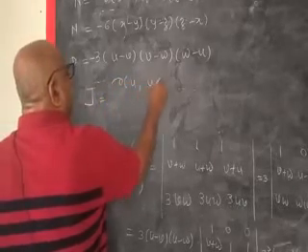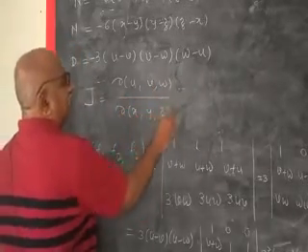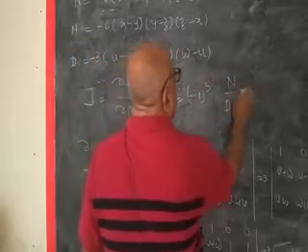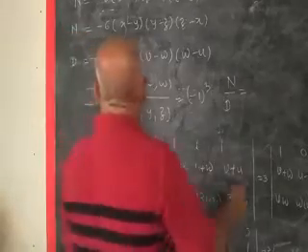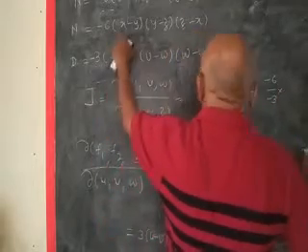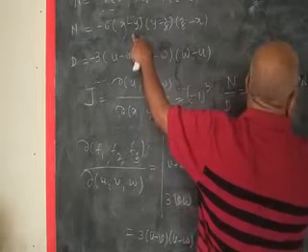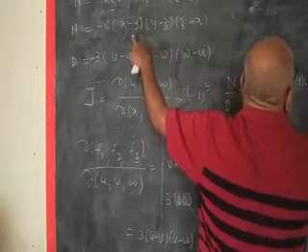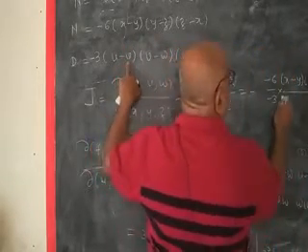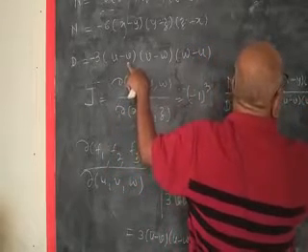Therefore Jacobian of u v w with respect to x y z is equal to minus 1 cube, n by d, that is equal to minus of minus 6 by minus 3 into numerator x minus y, y minus z, z minus x, divided by u minus v, v minus w and w minus u.